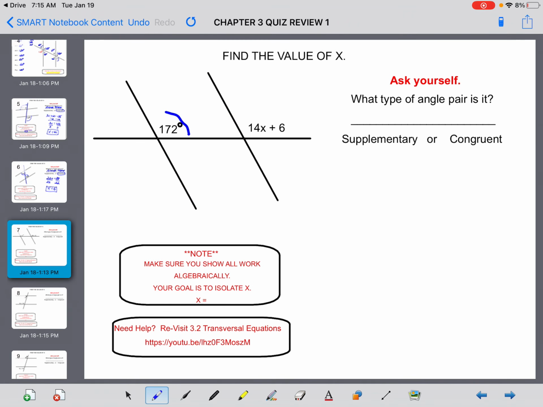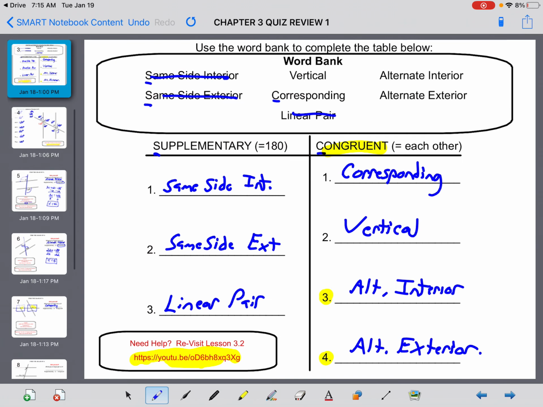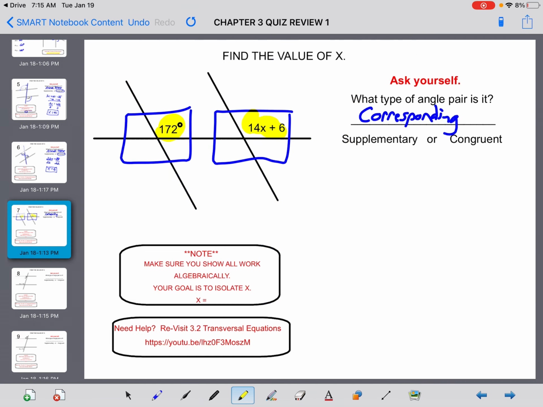Okay. Here you have an interior angle and an exterior angle on the same side of the transversal. If I drew my boxes, you would see that these two angles are both in the top right corner, which means they are corresponding. And if you go back to your chart, corresponding angles, choice 1 over here, is congruent. So we get 14x plus 6 equals 172.